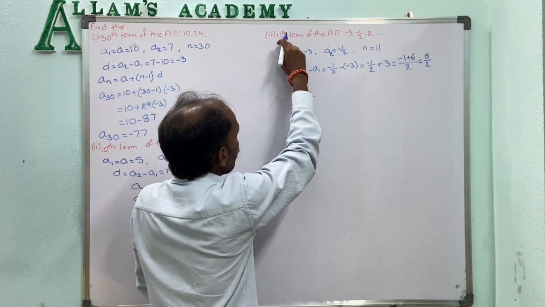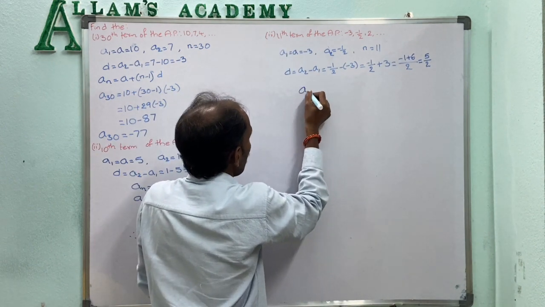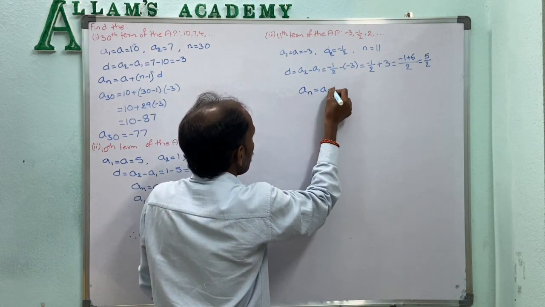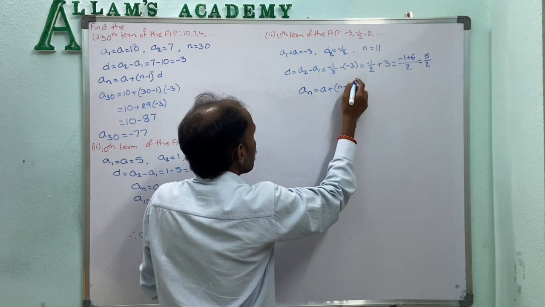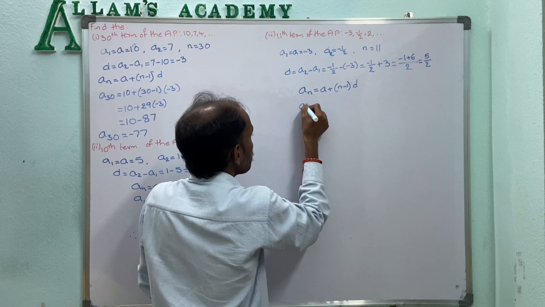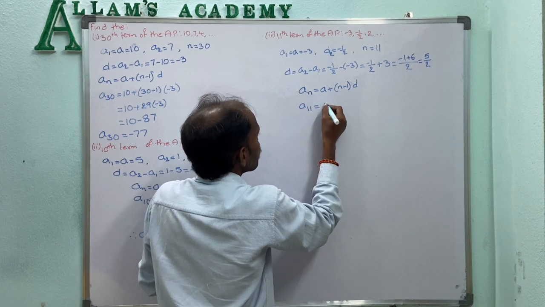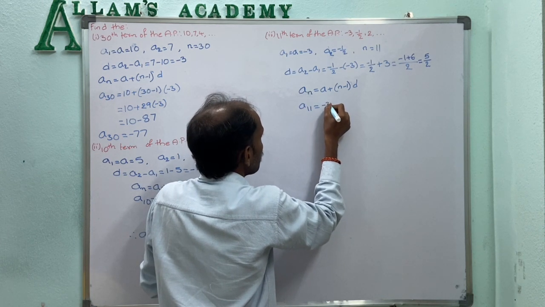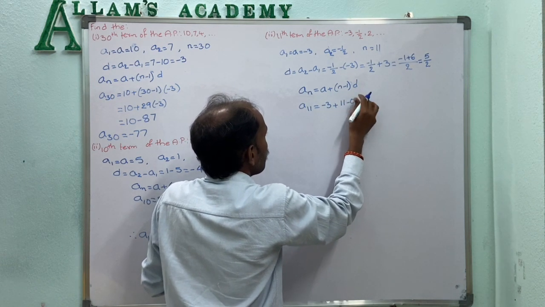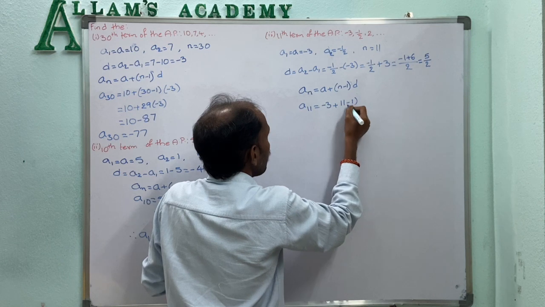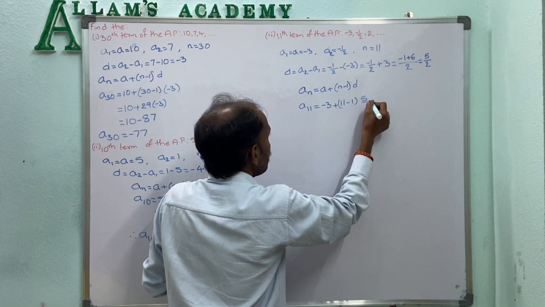Now we want to find the 11th term. So an is equal to a plus (n minus 1) into d. Here, to find the 11th term, n equals 11. So a11 equals minus 3 plus (11 minus 1) into the d value, that is 5 by 2.